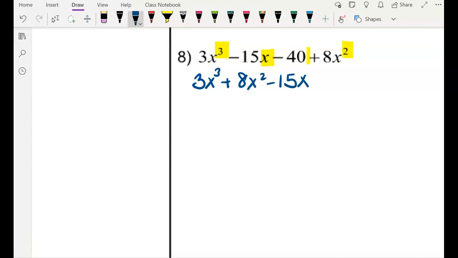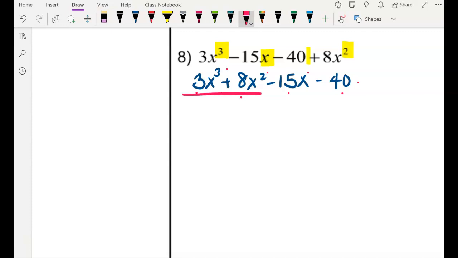So we go from 3x to the third, x squared, 15x to the first, minus 40. And so this one, check for GCF. Ready? 3, 8, negative 15, and negative 40. None of them, besides a 1, have anything in common. And then we have x to the third, x squared, x to the 1, and no x. So clearly we don't have a GCF bigger than 1, so we don't need to take anything out.